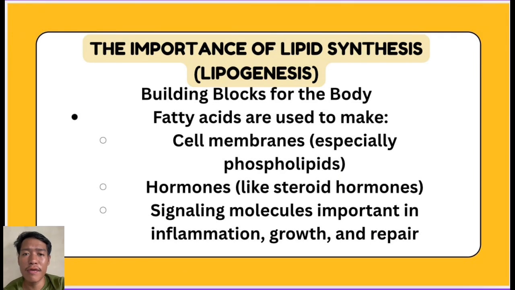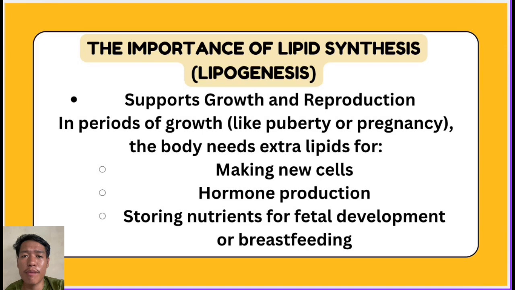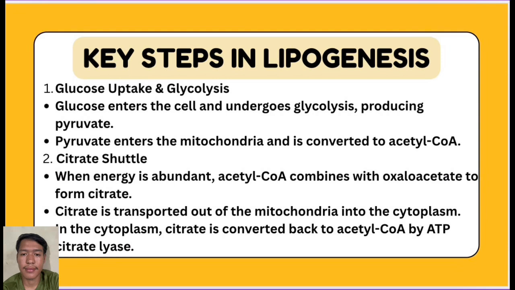Fatty acids are used to make cell membranes, especially phospholipids, hormones like steroid hormones, and signaling molecules important in inflammation, growth, and repair. And also, it supports growth and reproduction. So, in periods of growth like puberty or pregnancy, the body needs extra lipids for making new cells, hormone production, and storing nutrients for fetal development or breastfeeding.